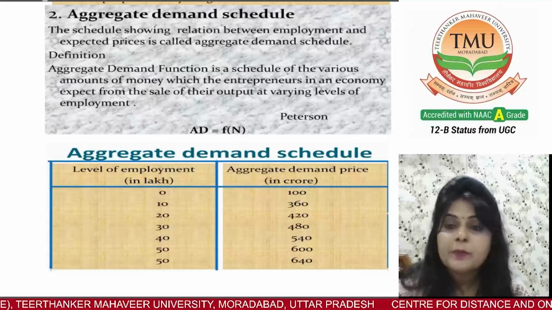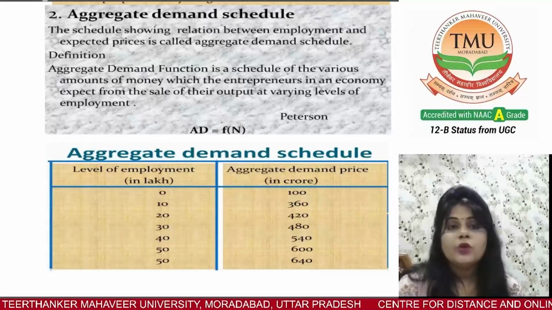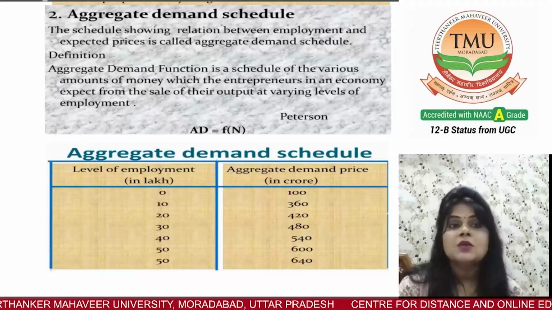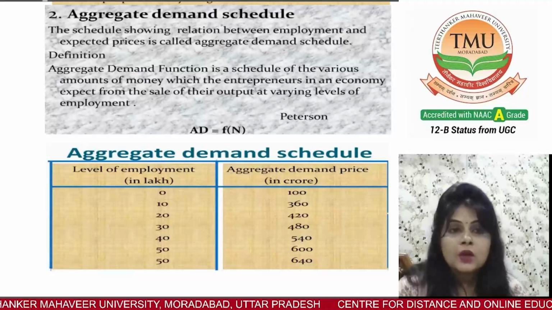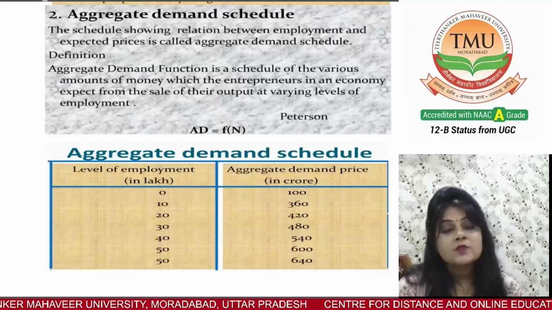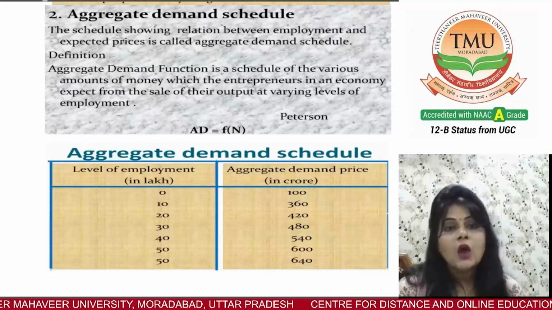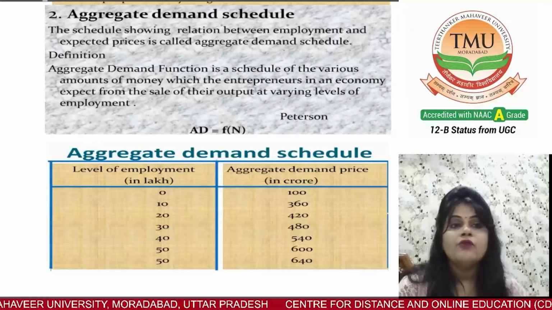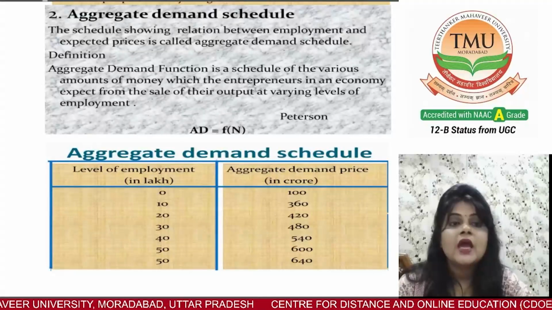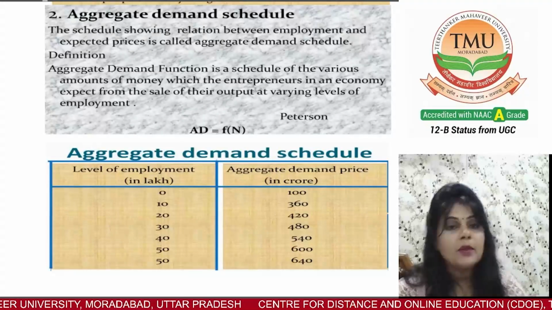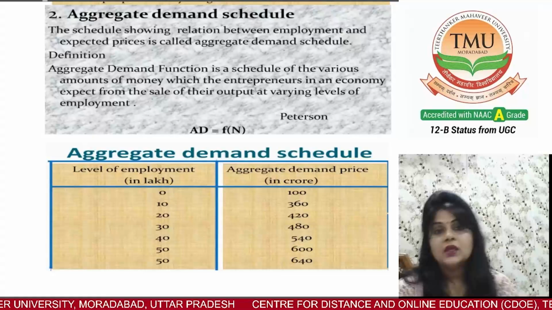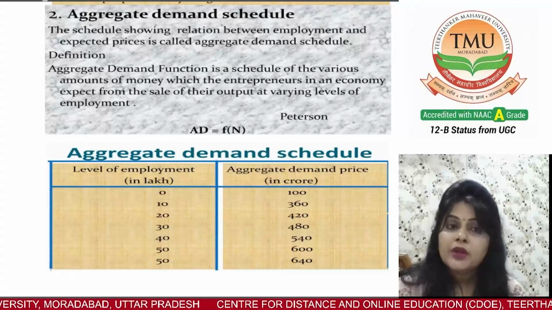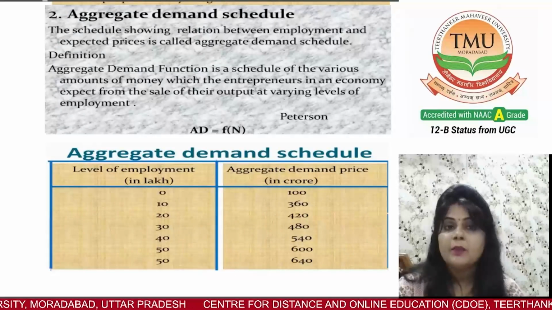So the aggregate demand price for the output of any given amount of employment is the total sum of money or proceeds which is expected from the sale of the output produced when that amount of labor is employed. Thus, aggregate demand price is the amount of money which the entrepreneurs expect to get by selling the output produced by the number of men employed.